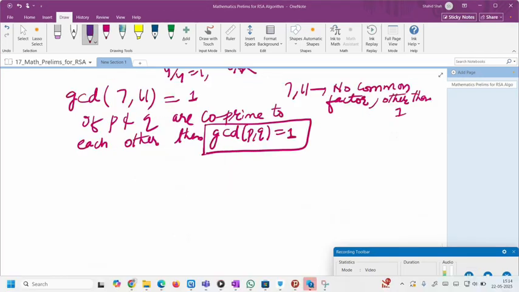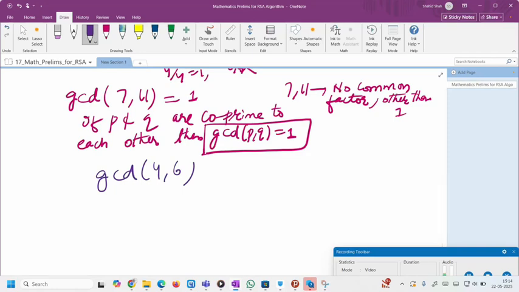Now it is quite clear that for large numbers, finding the GCD can be tricky. It can take time. Let's devise some algorithm. Suppose we take this case of GCD between 4 and 6.